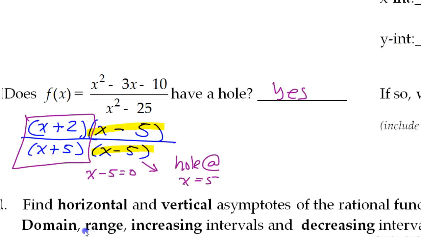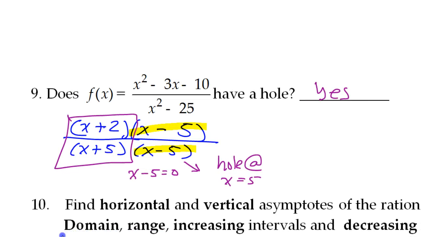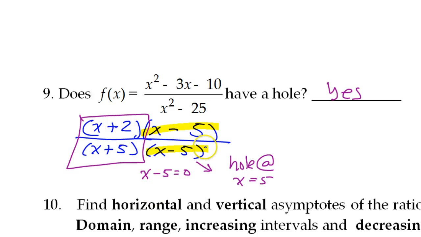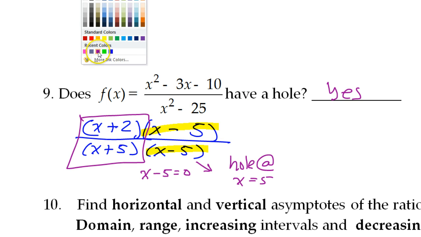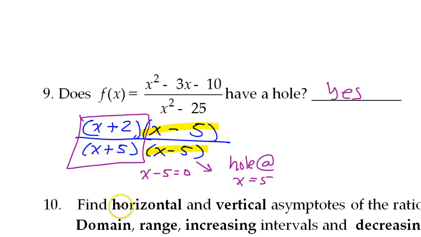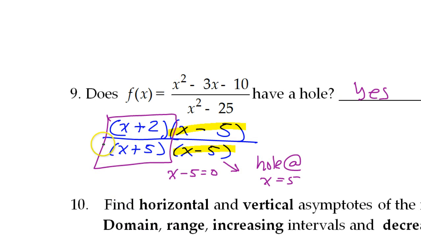Now what if you were not allowed to use a calculator somehow? Well, then you would just plug in 5. Substitute 5 for these x's, which is probably quicker than using a calculator anyway. So it would be 5 plus 2 over 5 plus 5.